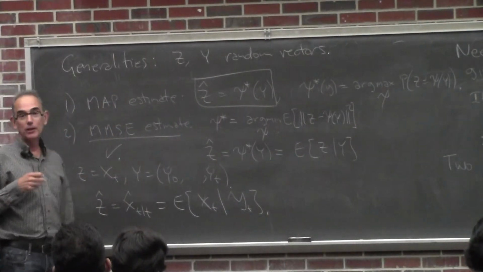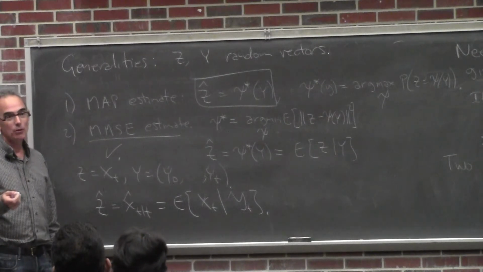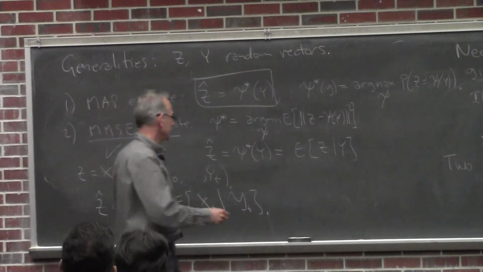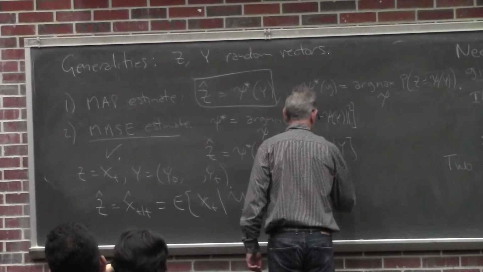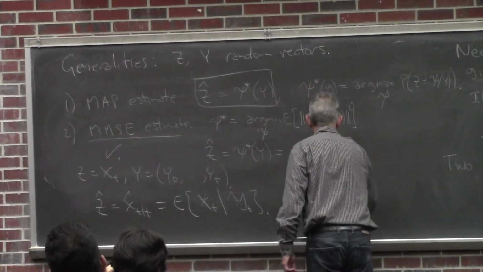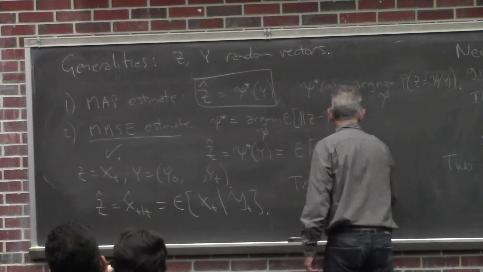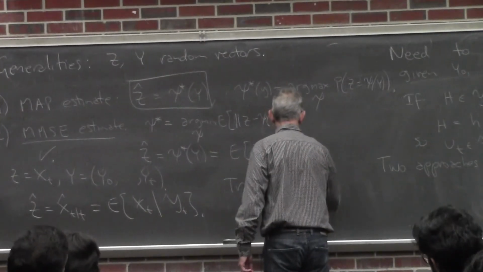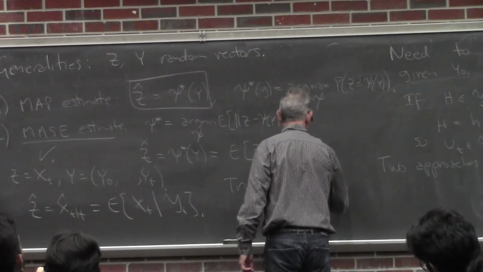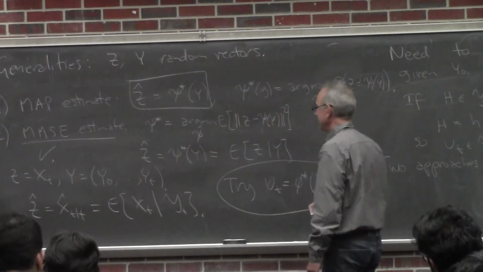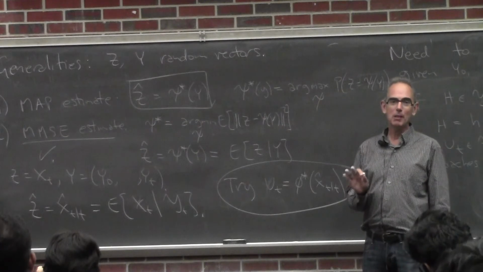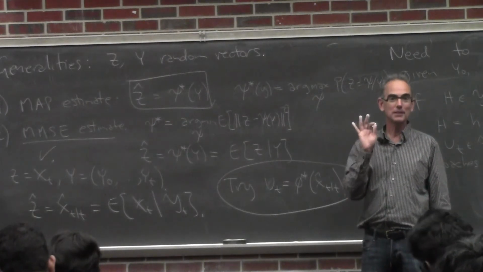If you were really naive, you'd say problem solved, I can compute this, and you could try u_t equal to phi star of x hat t given t. It's not optimal, but in certain cases it works.